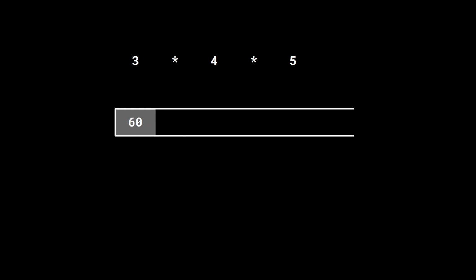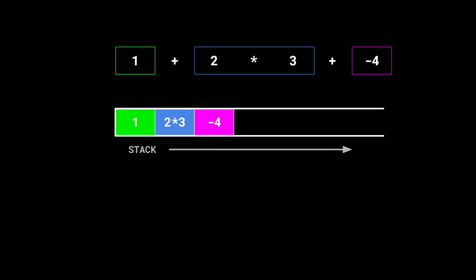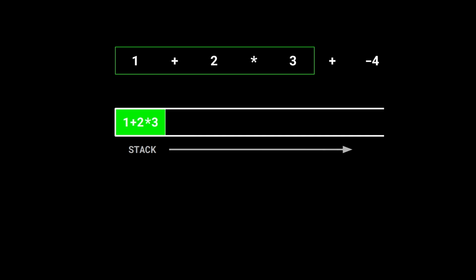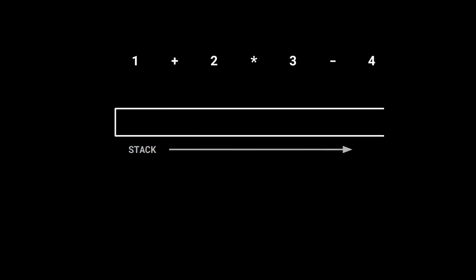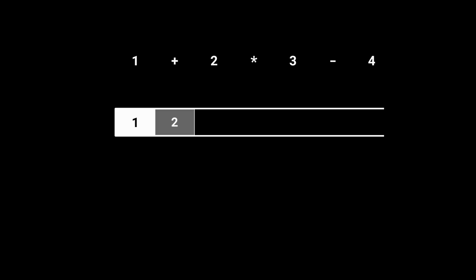In our current solution, we also use the stack to store all the terms, and at the end, we add them all together. But we don't actually need to wait until the end to add them together. As soon as we have a new term, we can add it to the previous one. For example, consider the expression 1 plus 2 times 3 minus 4. We push 1, then push 2, then we pop 2 and push 2 times 3, which is 6.